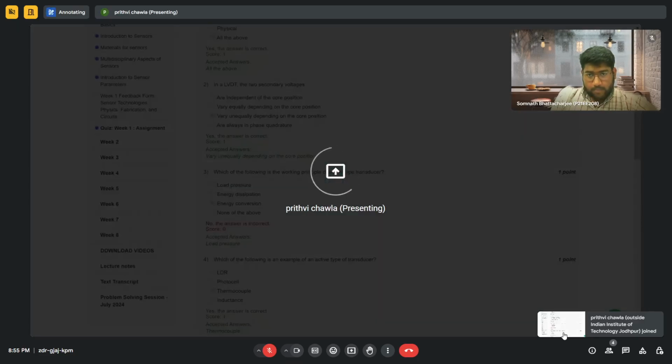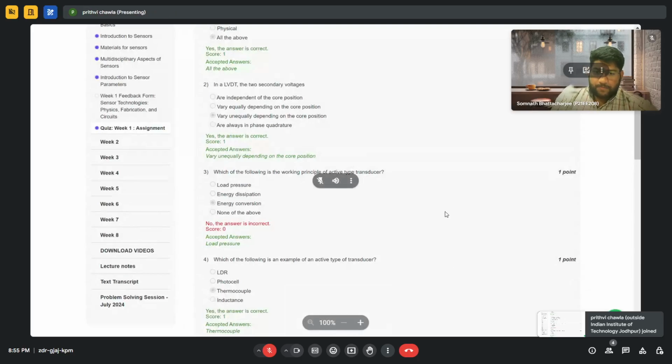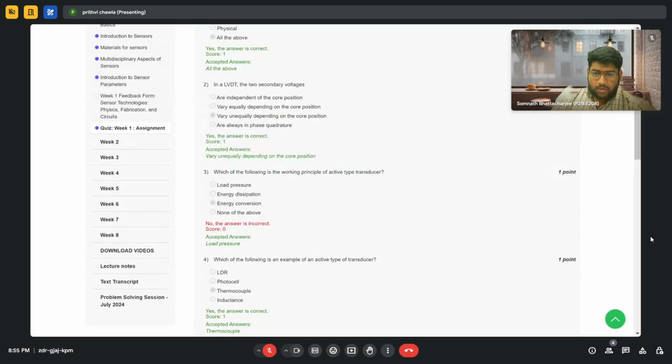Are you able to see the screen now? Yes. Which of the following is the working principle of active type transducers? Energy conversion, load pressure, energy dissipation, obviously not, and none of the above.